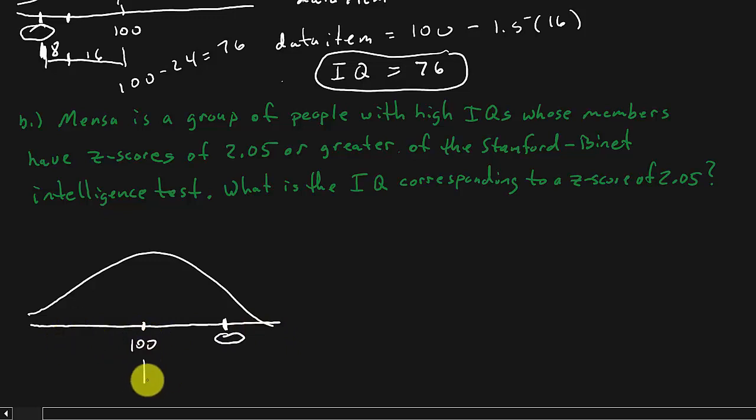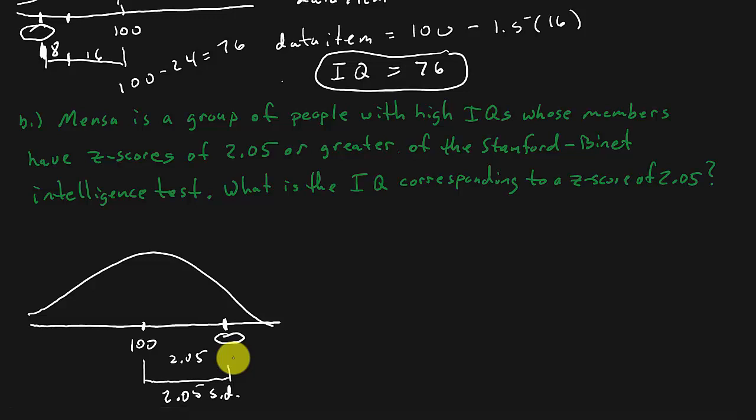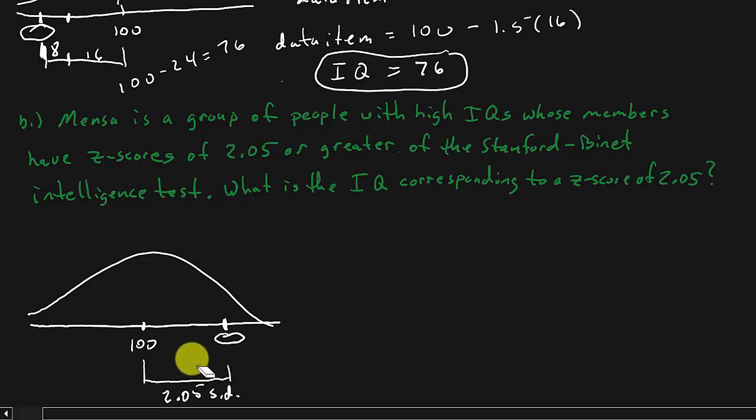From here to here, this is 2.05 standard deviations above the mean. Now notice how I put the standard deviation here. I'm not calling this just 2.05 because that distance is not 2.05. It's 2.05 standard deviations. Okay?